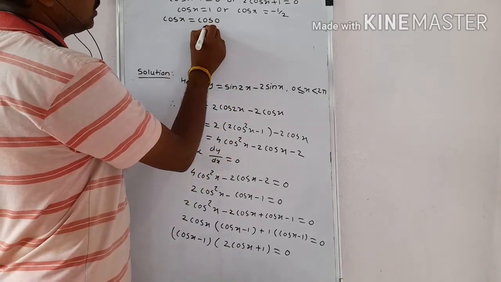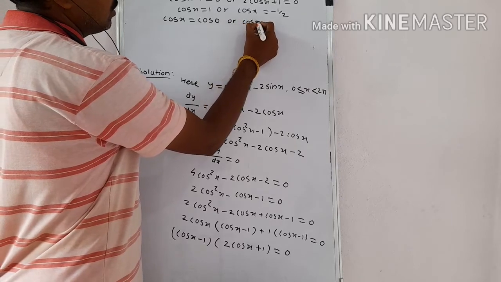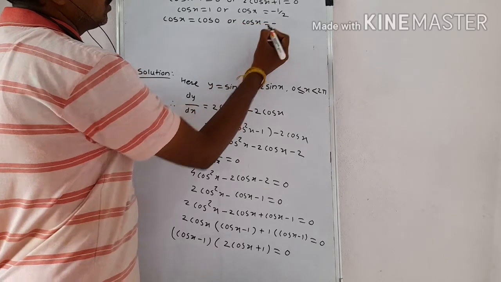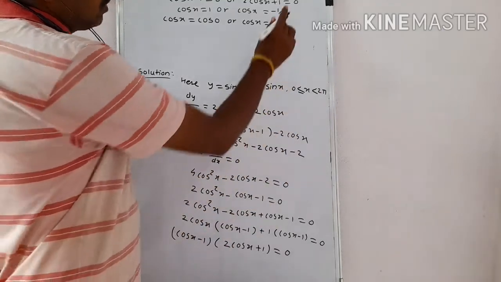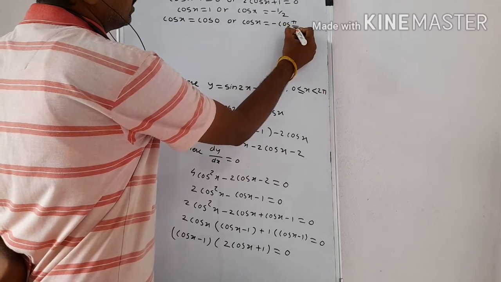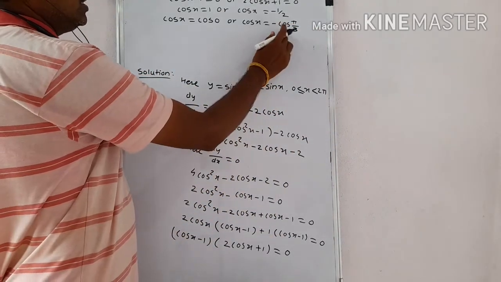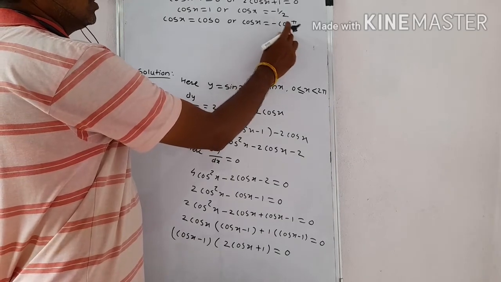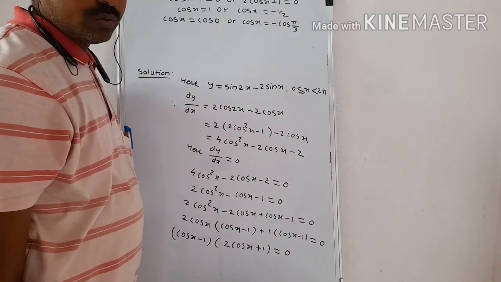Therefore we get cos x equal to cos 0, or cos x equal to minus, for which angle this value is 1 by 2, cosine value is cos pi by 3.